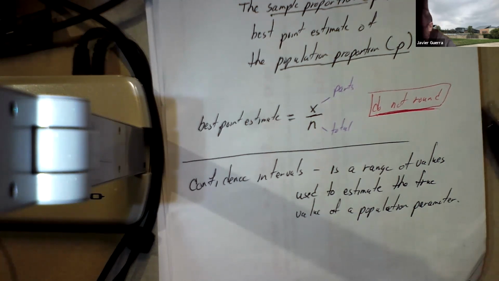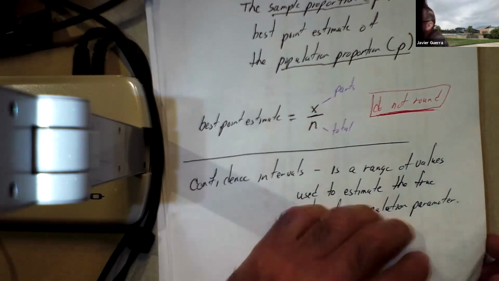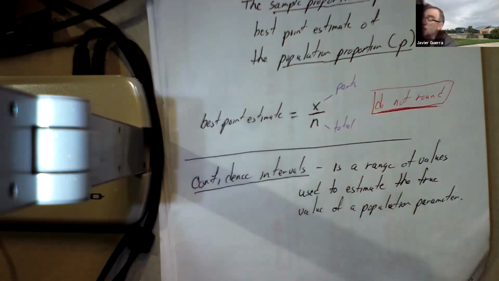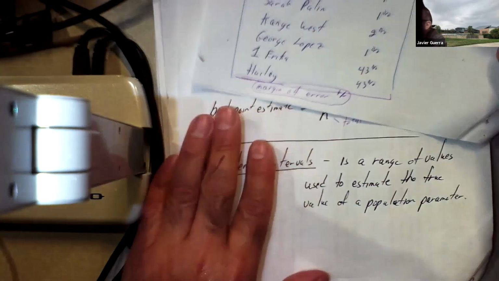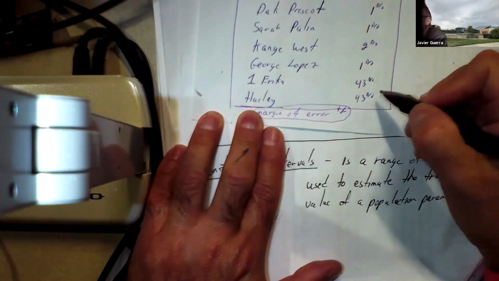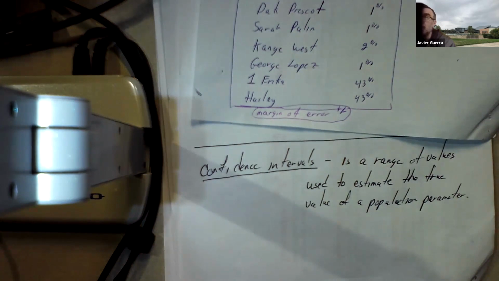And so I'll give you guys an example of what a confidence interval looks like. These intervals won't give us the direct Erica and Haley numbers. It will give you a range of it.